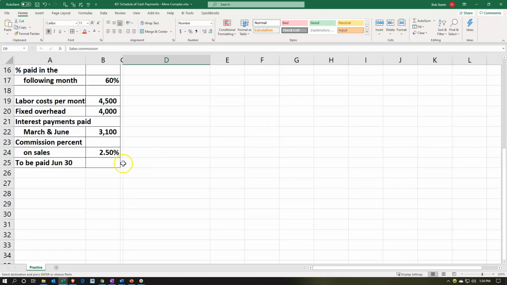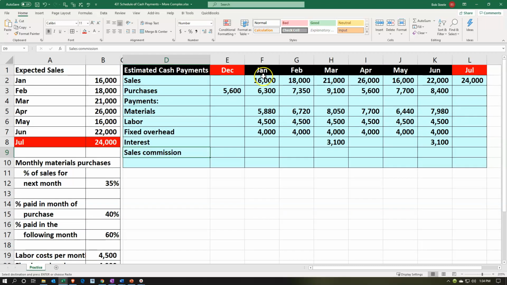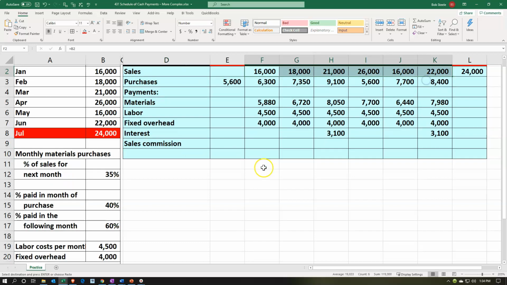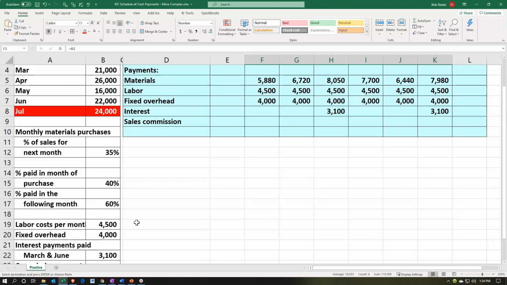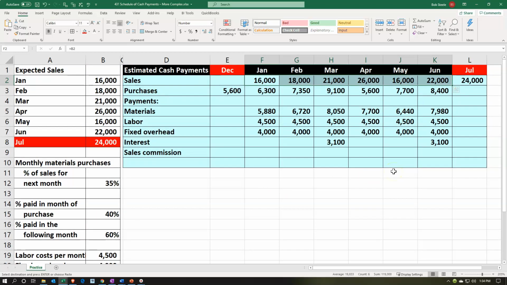So then we have the sales commission, same kind of thing here. The sales commission is only going to be paid in June for all the sales that took place. So we're going to add the sales from January to June, multiply it times the commission, which is 2.5% that we're going to pay out to the salespeople. But it's all going to be paid in June, even though, once again, we would have incurred those expenses every month under an accrual basis method, because the salespeople have earned their percentage each month that sales have happened, even though we're not paying them till June.